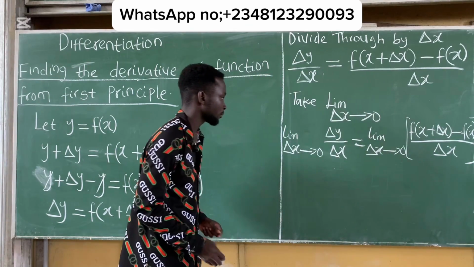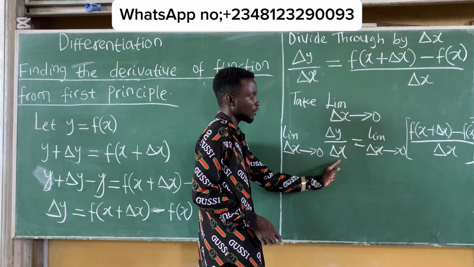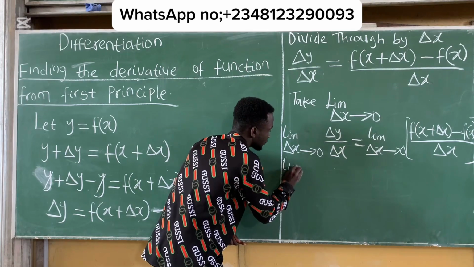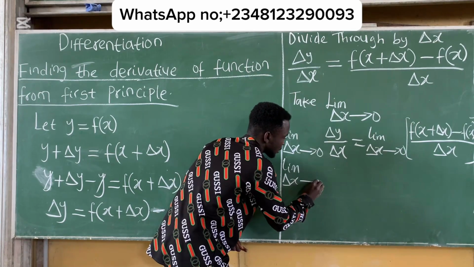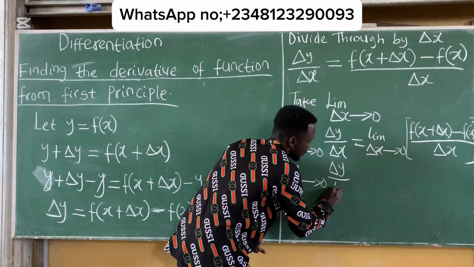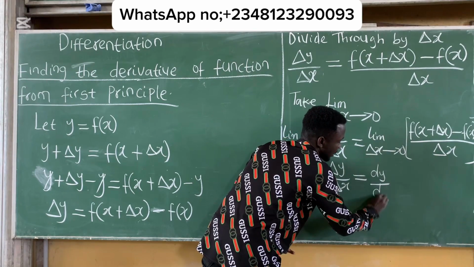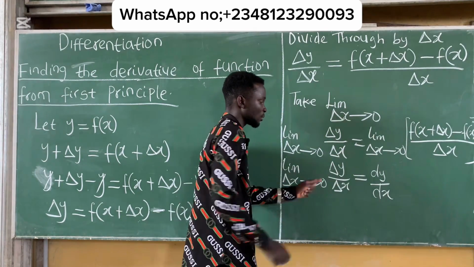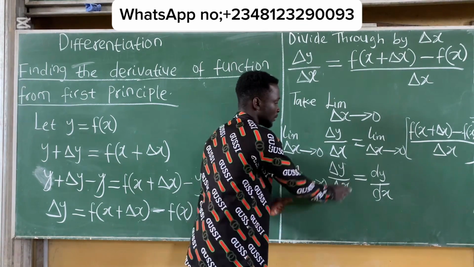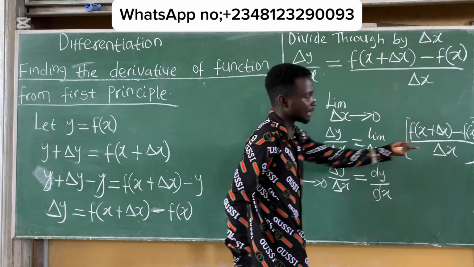Now the limit as delta x tends to 0 of delta y all over delta x is equal to dy/dx. If the limit of this gives us dy/dx, that means dy/dx is equal to everything there.